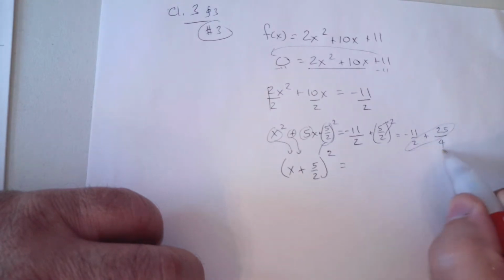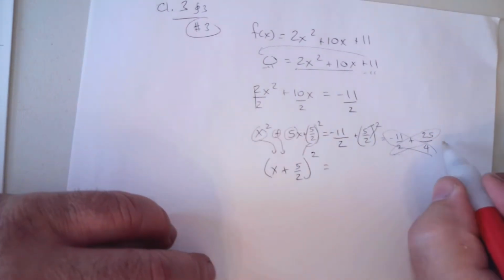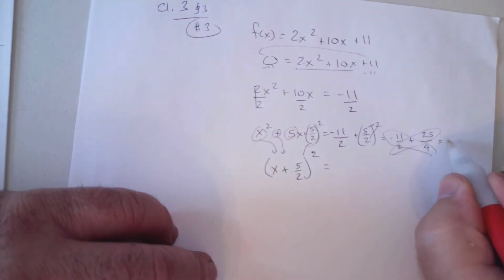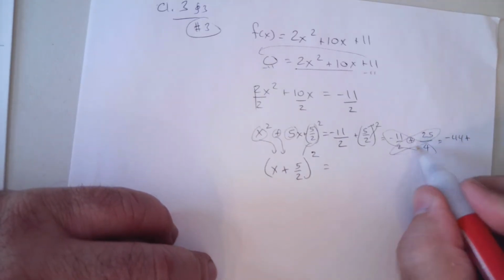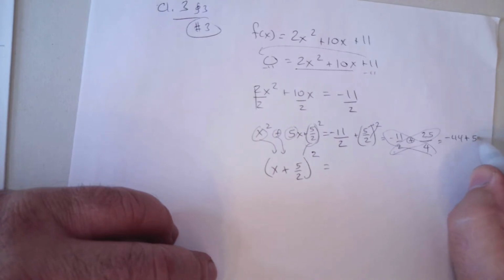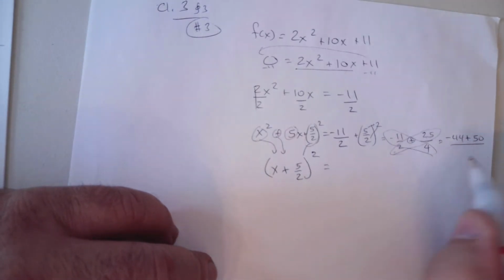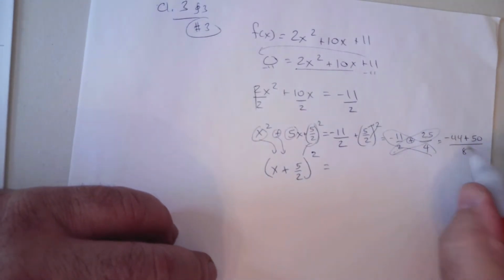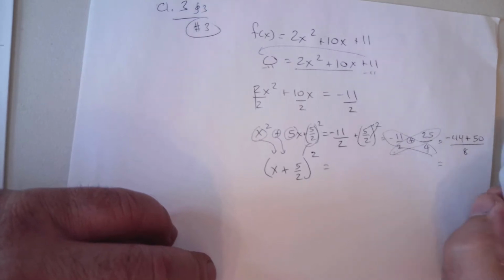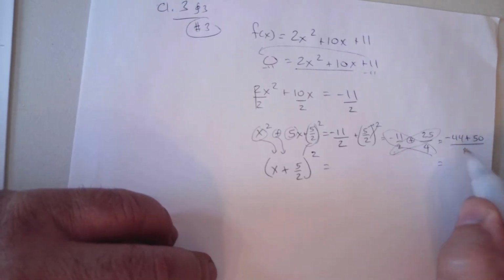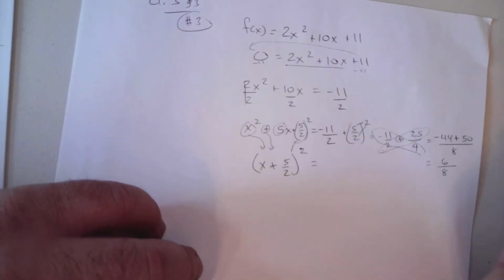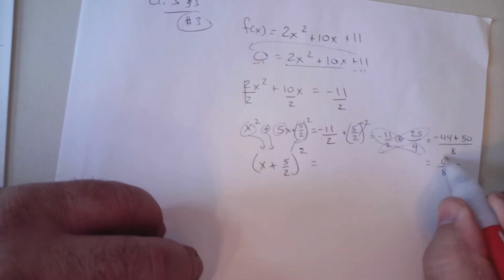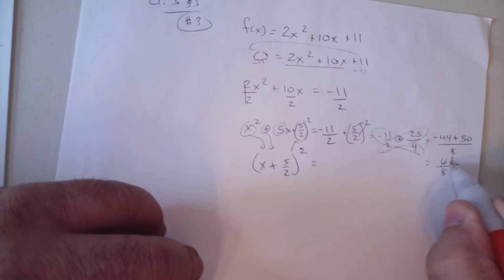So use the butterfly method. 4 times negative 11 is negative 44, plus 2 times 5 is 50, over 4 times 2 is 8. 50 minus 44 is 6. 6 over 8. Simple. They both have a 2 in common. So it's 3 over 4.